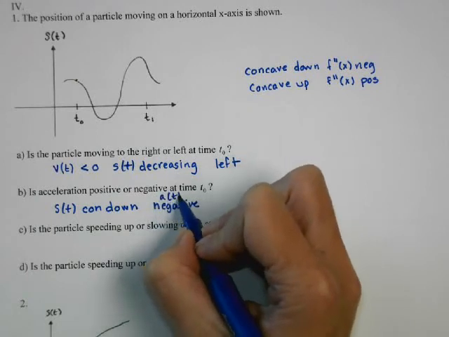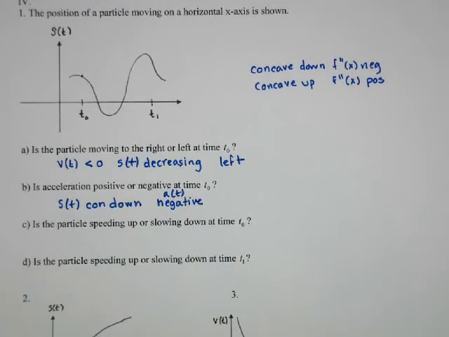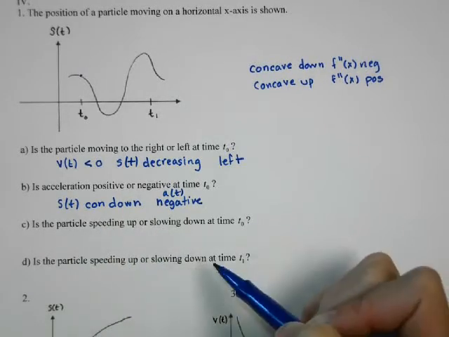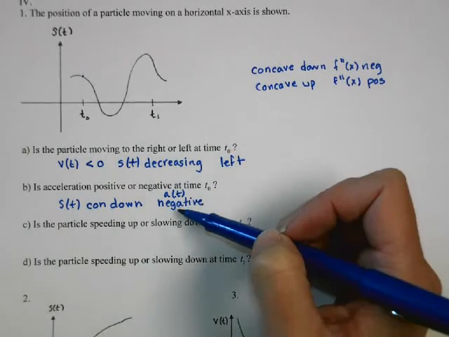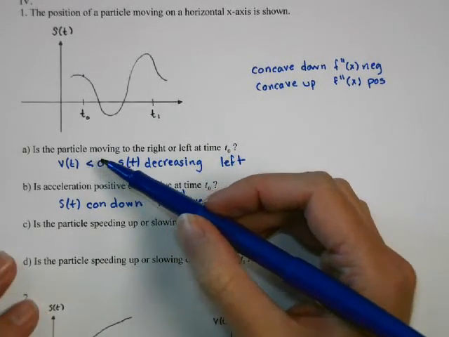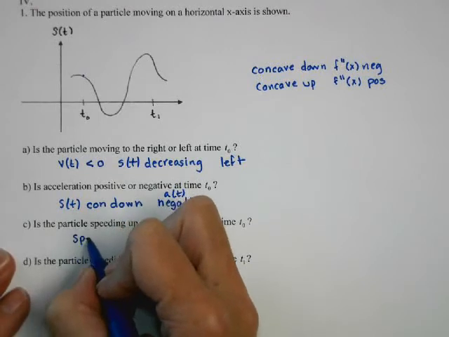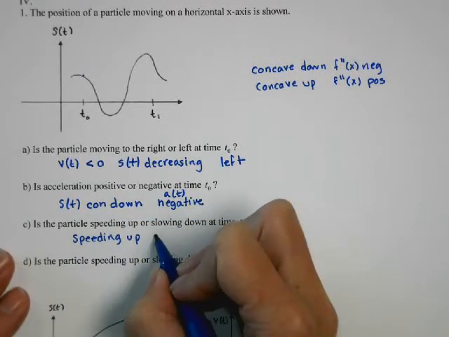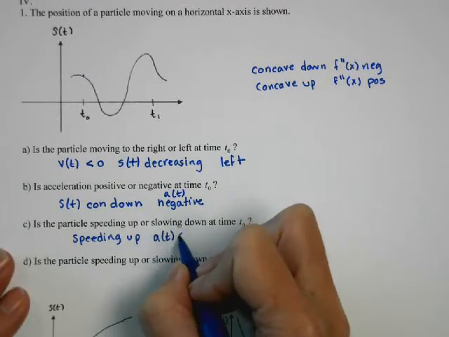A of t is negative there because it's concave down. Okay, is the particle speeding up or slowing down at time 0? Well, we said that A of t is negative and V of t is negative, which means it's going to be speeding up, because they're the same sign.